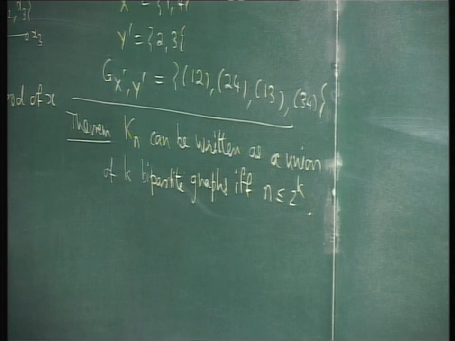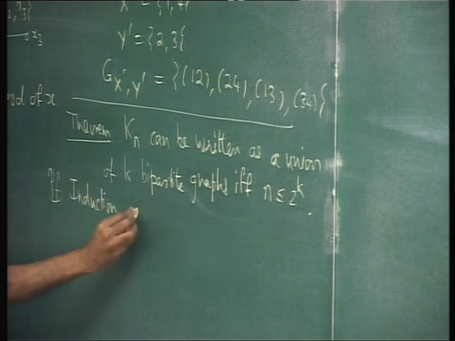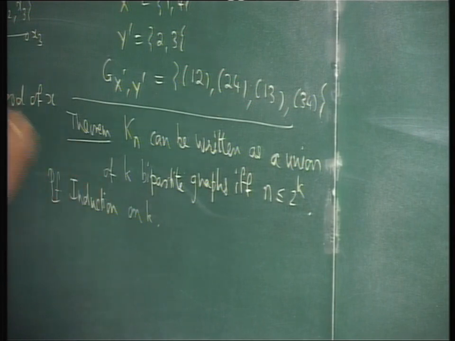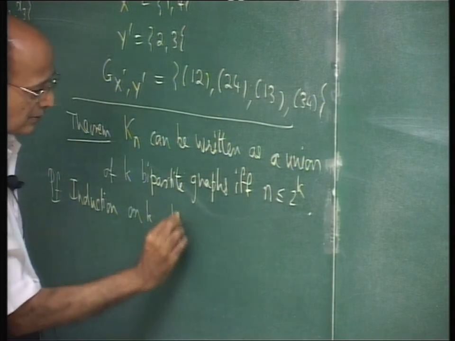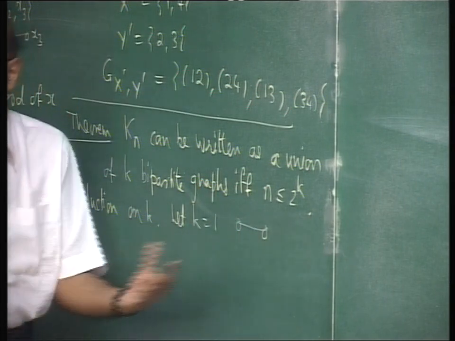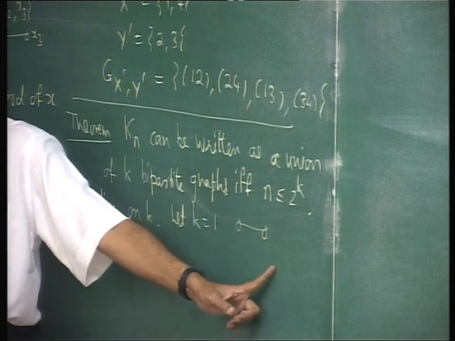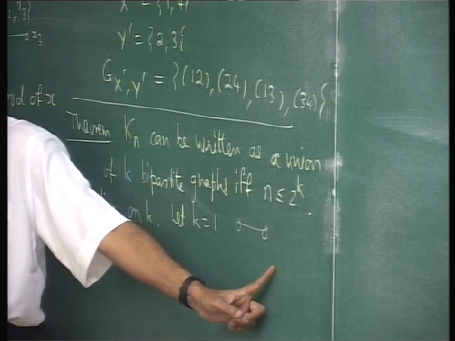Proof by induction on k. What happens when k is equal to 1? Is this a bipartite graph itself? K2 is a bipartite graph.